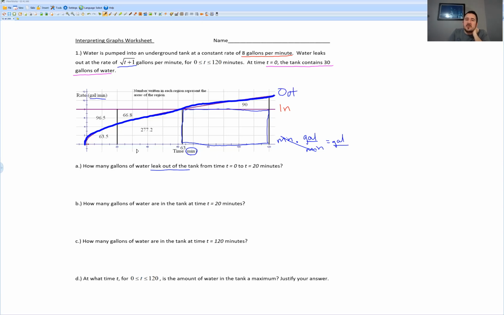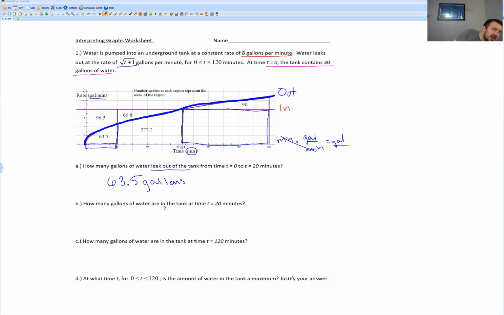And I'm only looking from 0 to 20, so I would just want the area from 0 to 20 underneath this curve. That area is already given to us, 63.5. And always make sure to include units, gallons. So no work there.